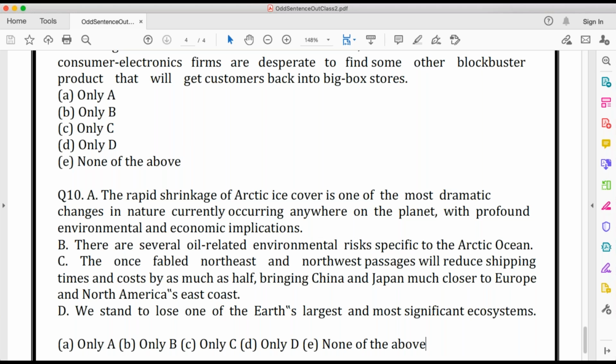That's one. Second point, how many of you are facing issues in sentence correction? How many of you are facing issues in sentence correction basics?